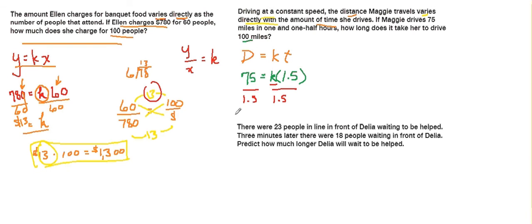K is 50. Now, two-step problem. You take that 50 to solve for 100 miles. Well, then t is 2 hours.